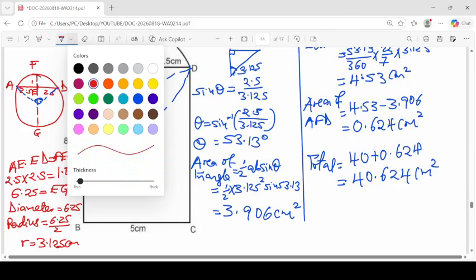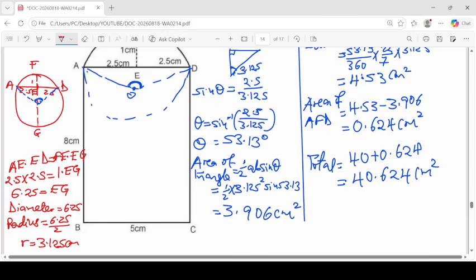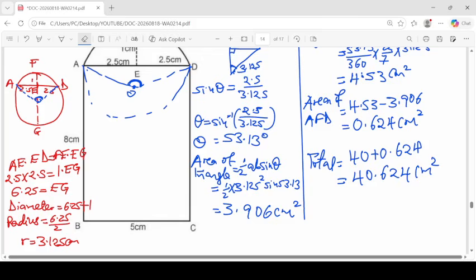The diameter should have been 6.25 plus 1, which makes it 7.25. Which also will now change our radius. Let us see.